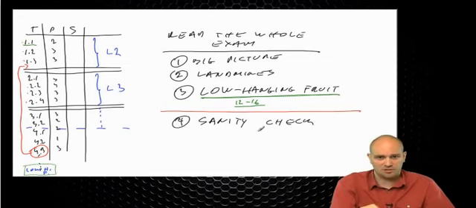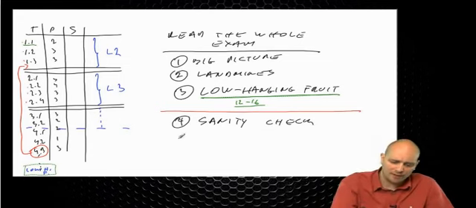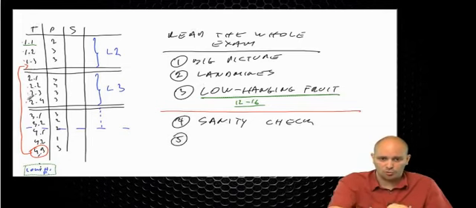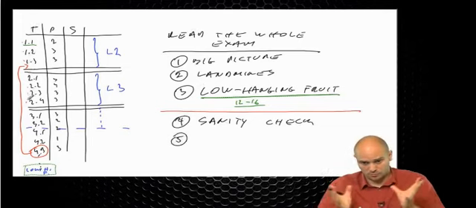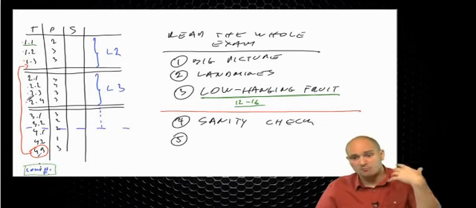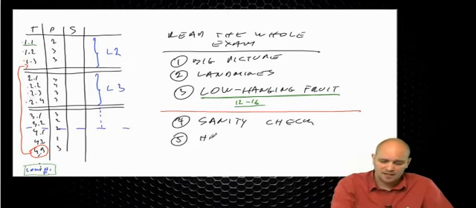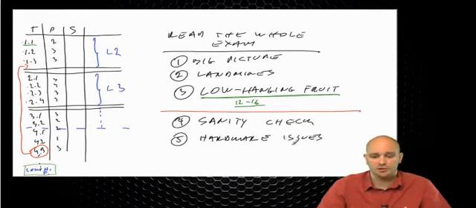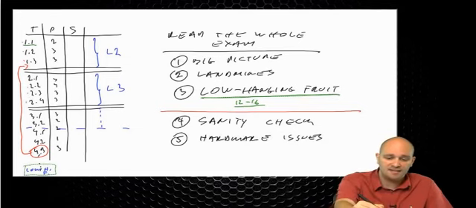So do the sanity check very quickly. When you start working through your layer 2 and start noticing that there might be some hardware issues, this is the time when you should report any hardware issues. But mind you, you have at this point already gone through this.